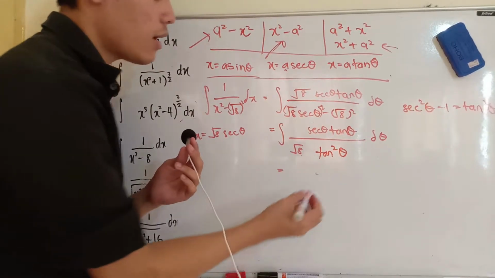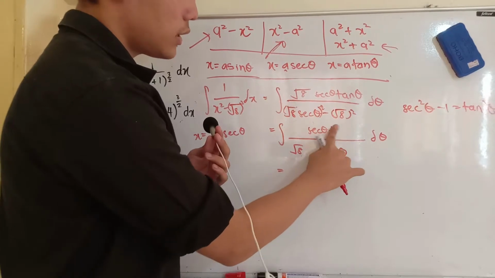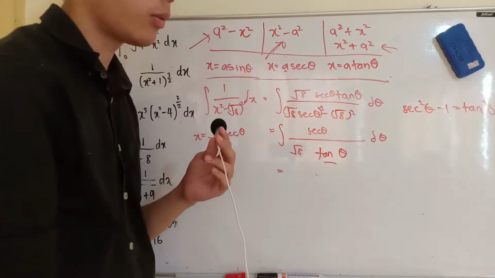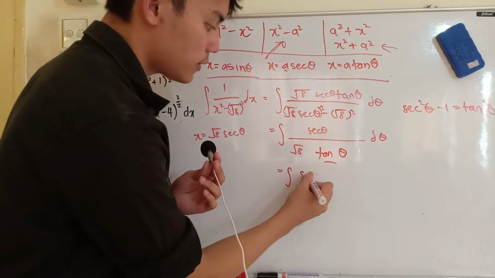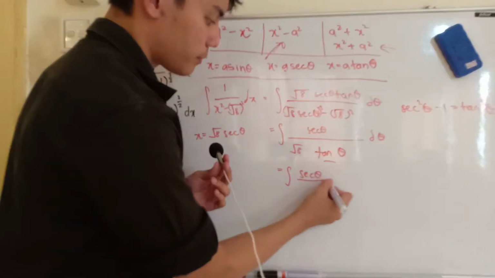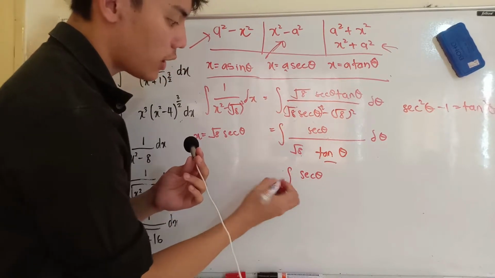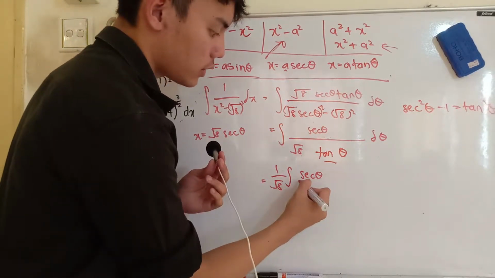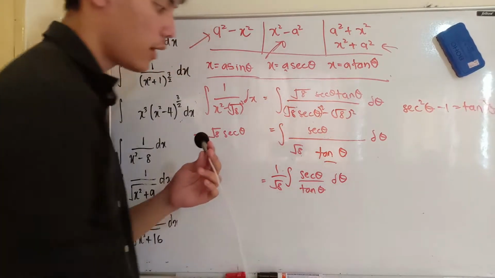Now we have tangent and also tangent squared, so we can cancel this tangent and we only have tangent power 1. So I just bring out the 1 over 8 over here, and I have secant over tangent, tangent theta d theta.